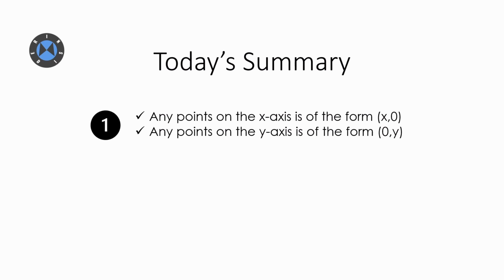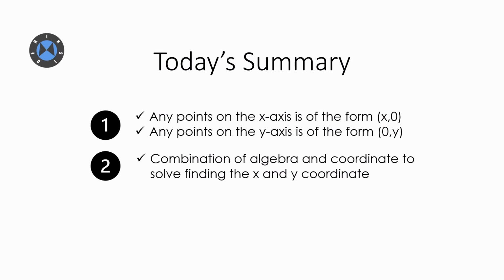And secondly, we have seen that when we need to find both x and y coordinates of a given point, we have to make use of equations of two variables and solve them, which we know as simultaneous equations. And we also have used the conditions to find equations.